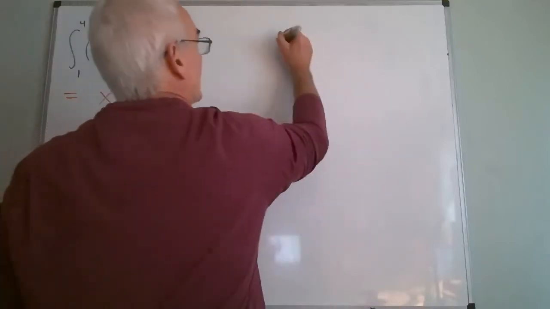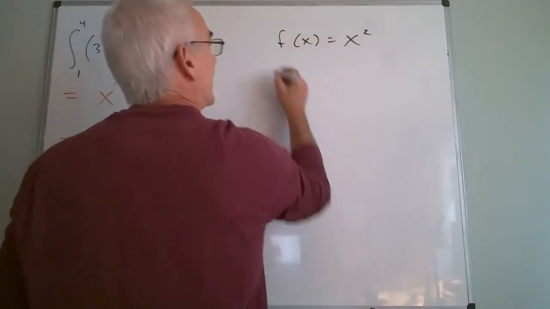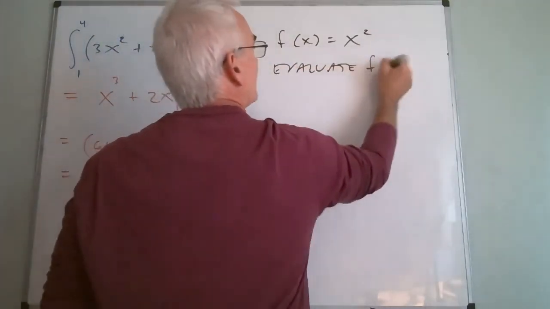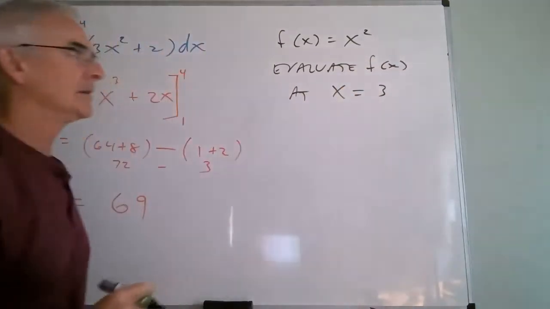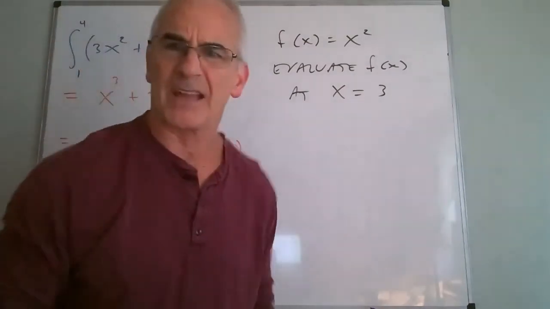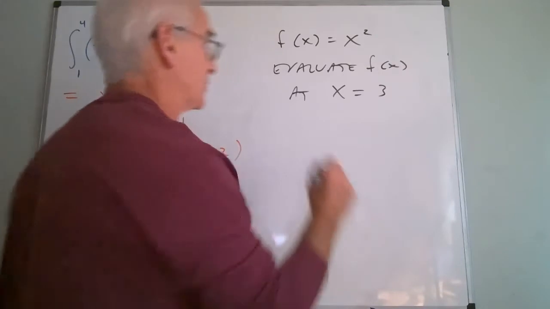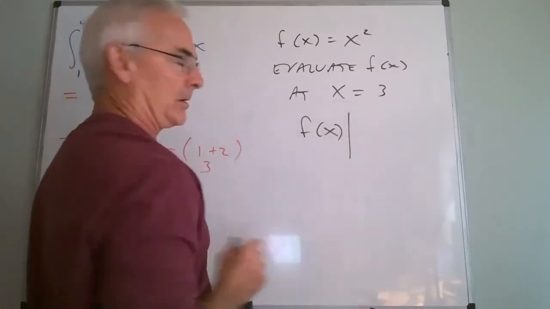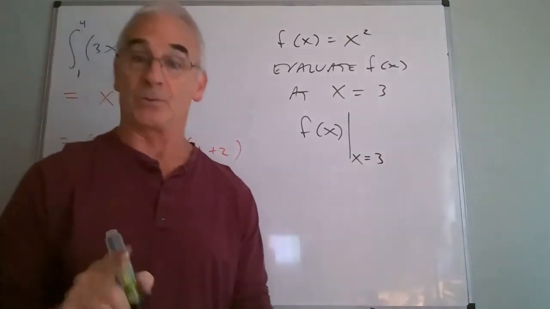So in baby algebra, let's suppose I defined f of x to equal x squared, and I say I want you to evaluate f of x at x equal 3. Well, most of us would just say f of 3. You're right. But the formal way of writing this, believe it or not, would be this: f of x vertical bar x equal 3.